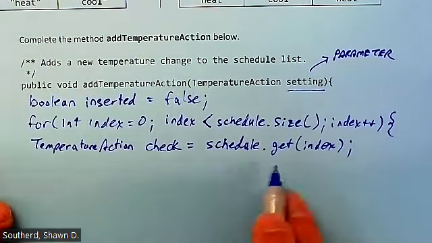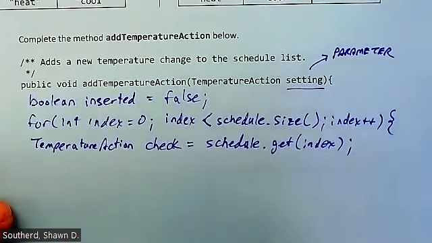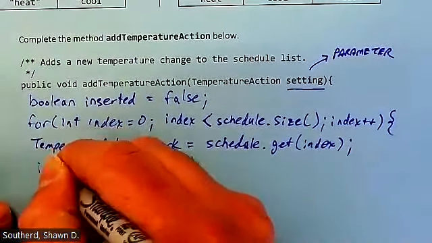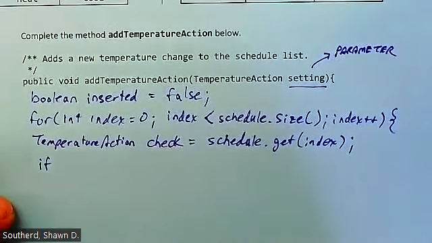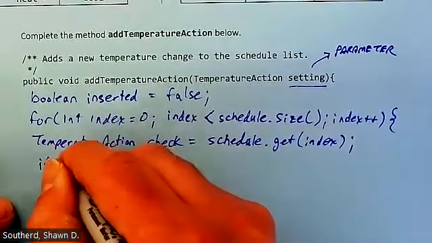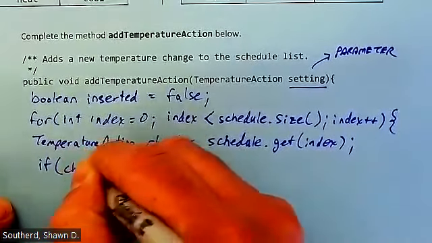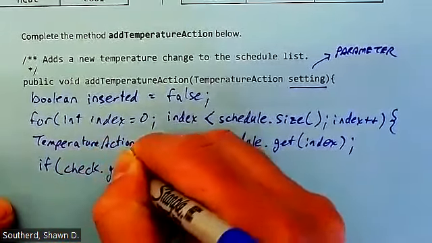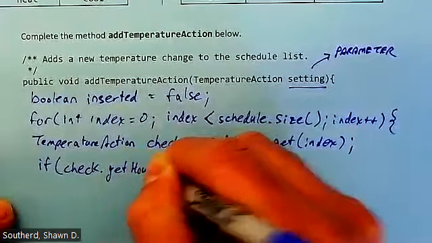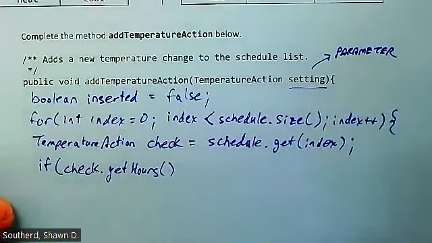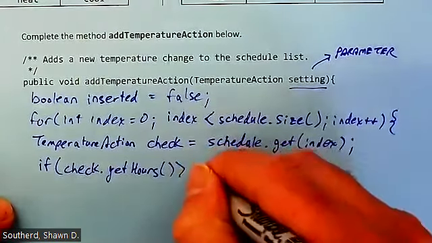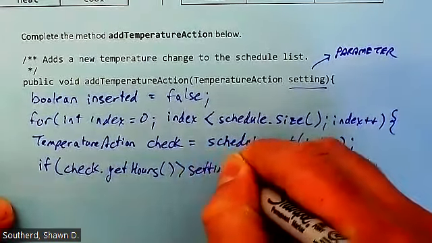So I'm going to set that up. Now I can start looking at the conditionals, and this is where I'm going to need to use those other methods of get hour, get minutes. So I'm going to use this new variable, or object called check, and use that to call the get hours method. And I'm going to find out, hey, are these hours that are already in the schedule going to be greater than the setting dot get hours?